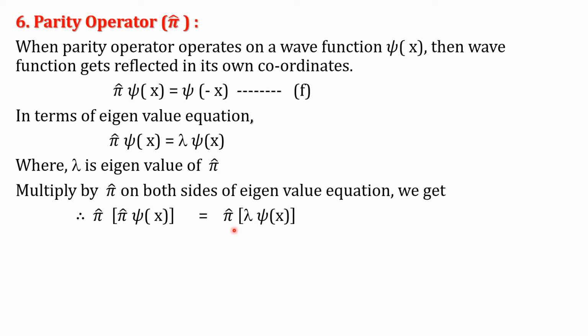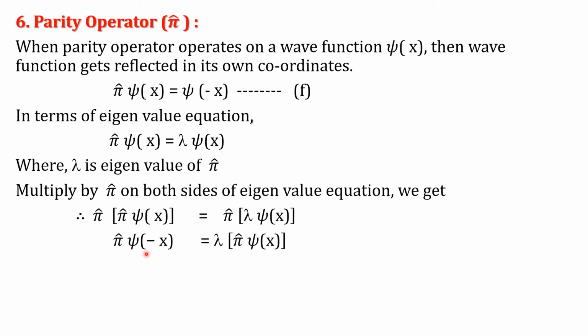If the parity is operating on λ ψ(x), λ is the constant term, take it outside, and we write λ Π ψ(x). On the other side, Π ψ(x) is ψ(−x), hence the parity operator acts as it is, Π ψ(−x) equal to λ Π ψ(x).